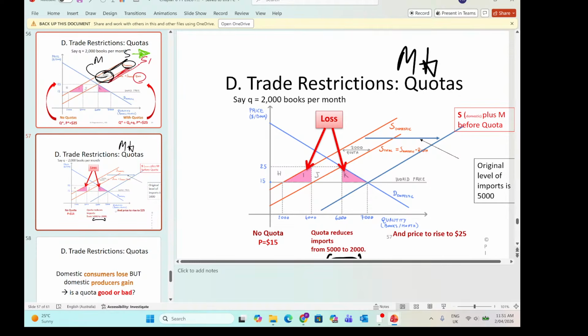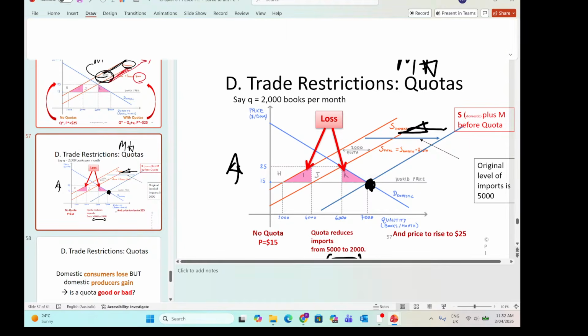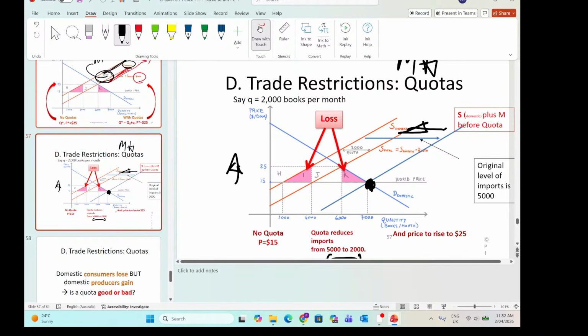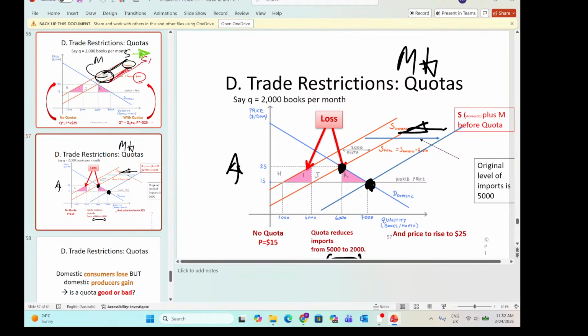And as a result of the supply curve moving to the left, there are fewer goods on the market. And as we know, whenever there are fewer goods available in supply, the price will rise. So now there's not an equilibrium at the black dot, there's now an equilibrium at the red dot, which means that the price has gone up.